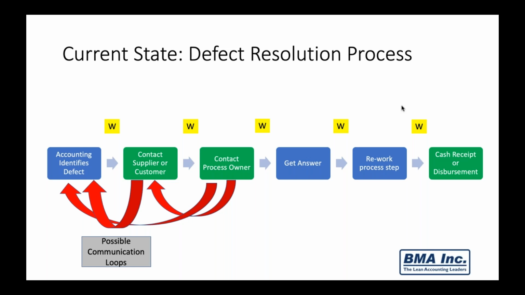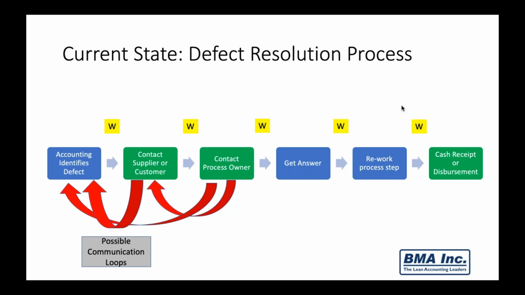And purchasing wouldn't respond, so they'd send another email. Or finally, it got down to the deadline, and accounting would say, well, I need an answer right now. And then on the purchasing end, purchasing had questions about purchase orders or supplier payments, and what invoices were outstanding, and accounting would not respond in a timely manner. So the process of resolving problems created a lot of animosity in the organization.